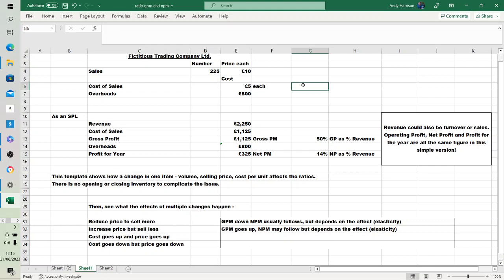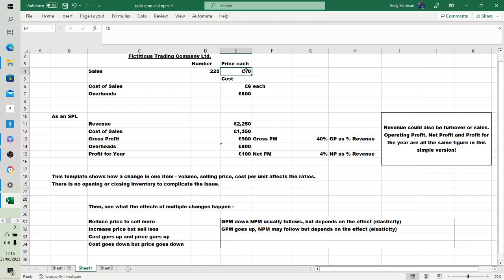And the next combination, cost goes up and the price goes up. So somebody's put the price on us, made it go from £5 to £6, and you can see, doing the same as we did earlier, reduced the gross profit margin and the net profit margin followed. However, we're going to put our price up as well.